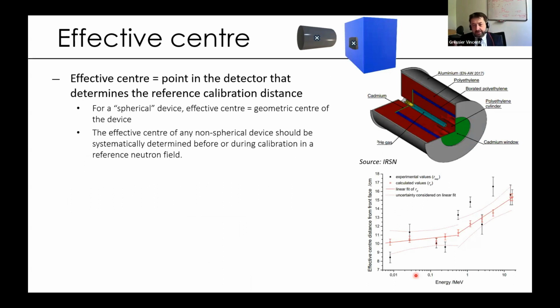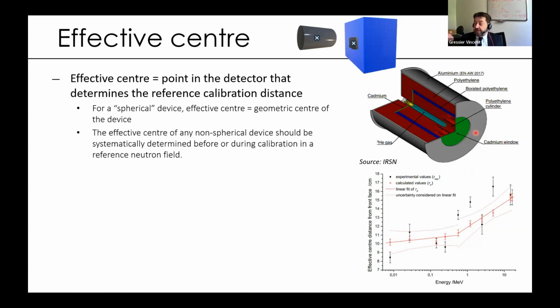So I give you an extreme example, which is a long counter. A long counter is a helium-3 counter, cylindrical here, surrounded by different layers of polyethylene to moderate the neutrons. How it works is neutrons come from the front face, and they are moderated until they reach very low energy. At very low energy, they are detected by the helium-3 counter. If they have low energies, they will be moderated quickly and mostly detected in the front part of this detector.